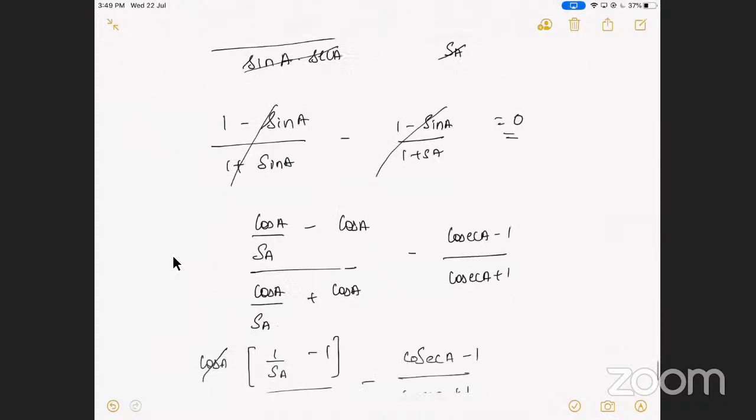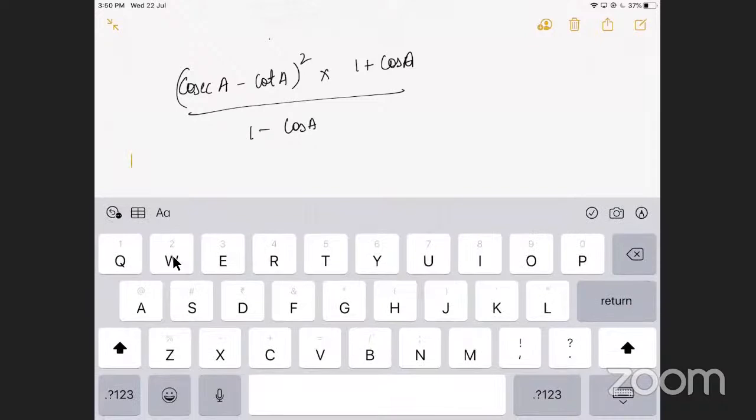Cosecant A minus cot A, the whole square, into 1 plus cos A by 1 minus cos A. So I just wanted to ask something.